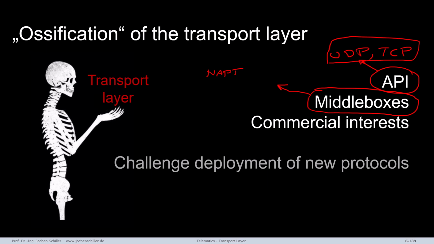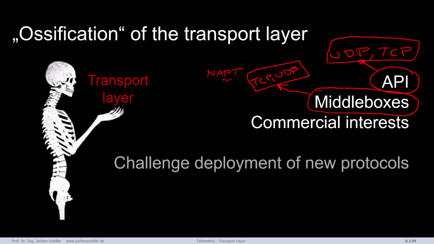So they assume there is a certain address and also a port at a certain location in the packet, because they know, okay, for UDP it looks like this and for TCP it looks like that. So they also support TCP and UDP. And what happens if your NAT box does not support your new fancy transport layer protocol? It will simply drop the packets.